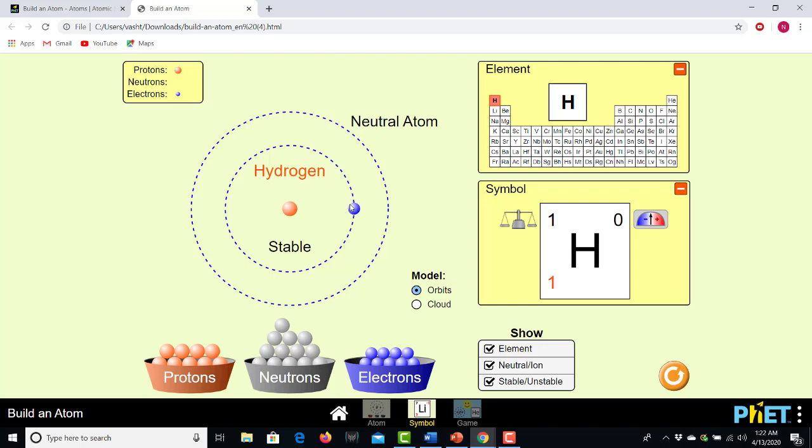An electron is held in orbit by its attraction to the proton or the protons that are in the nucleus of the atom. This parallels how gravity, the pull of gravity, holds the Earth in orbit around our sun. Most of a solar system is empty space. Likewise, most of an atom is empty space.